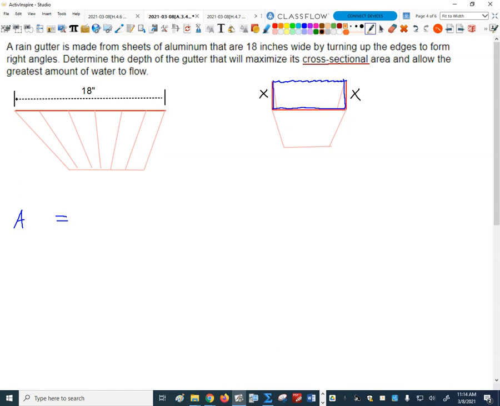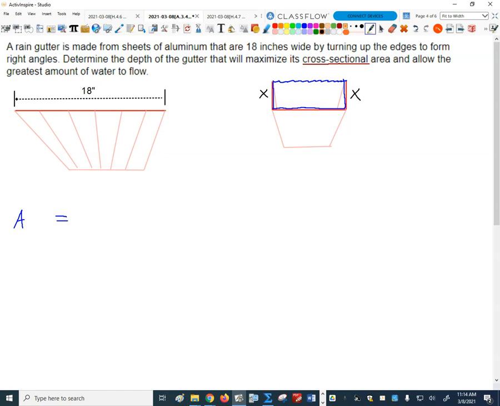If we built this thing by bending up the edges of an 18-inch wide piece of aluminum, type in chat for me, how could I write down the width of this gutter then? What's the width of the gutter going to be? The width of the piece of aluminum that we used to bend the gutter was 18 inches.